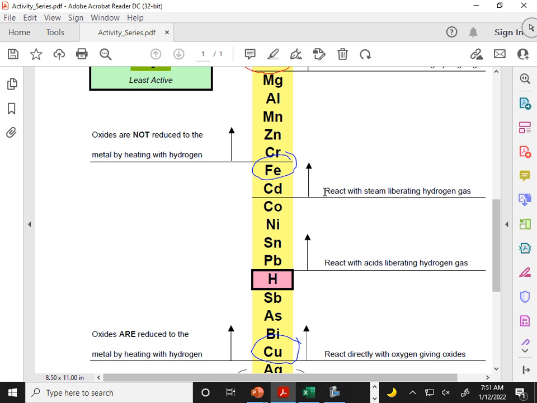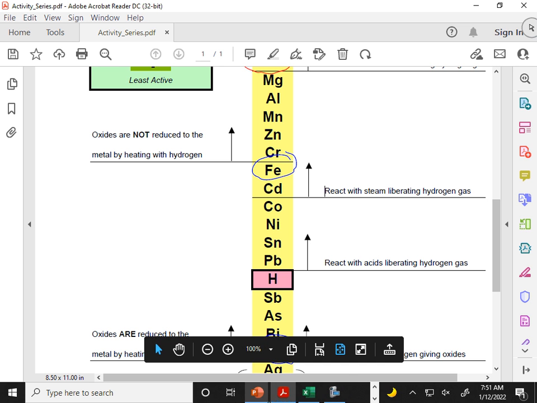Right here. Can you see that line on your activity series? Right here. React with steam, liberating hydrogen gas. Now, is chromium above that line? It is, correct? So, since chromium's all the way up here, chromium is above that line we're talking about.